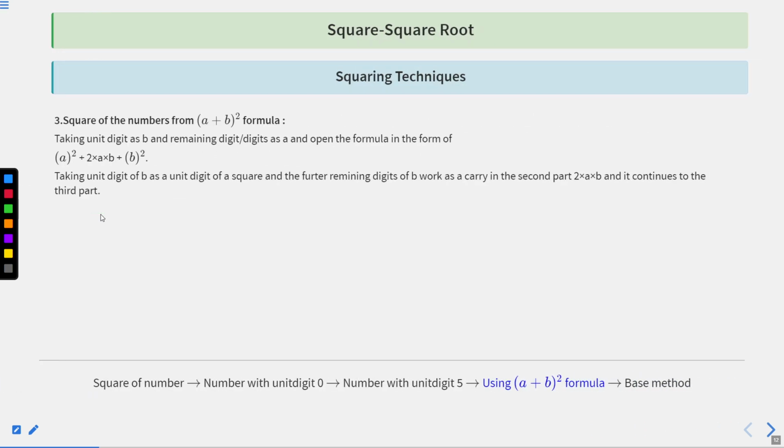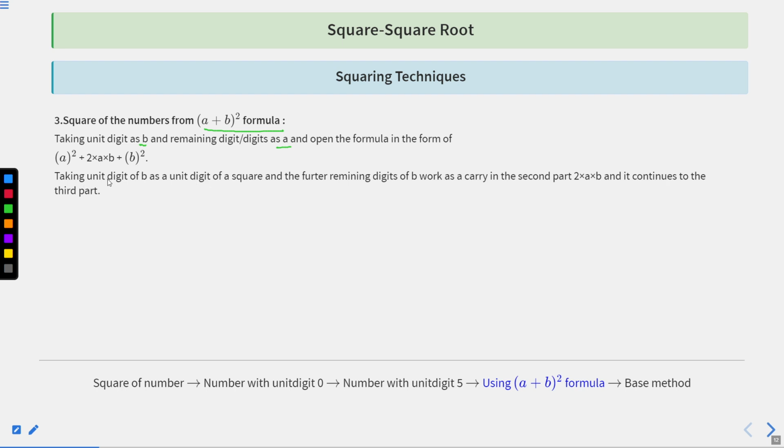Now we are going to see a method in which you can use the formula (a plus b) whole square to find the square of a number. Taking the unit digit as b and the remaining digits as a, open the formula in the form a square plus 2ab plus b square.